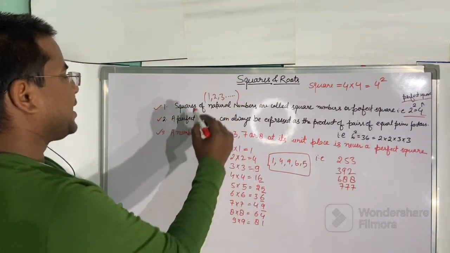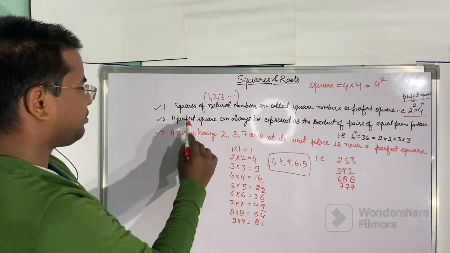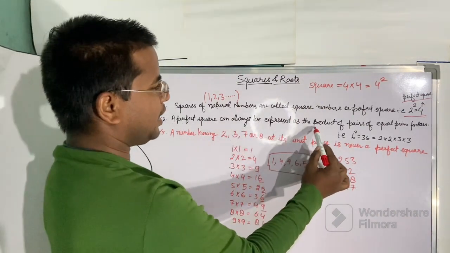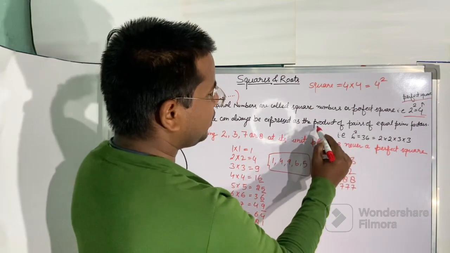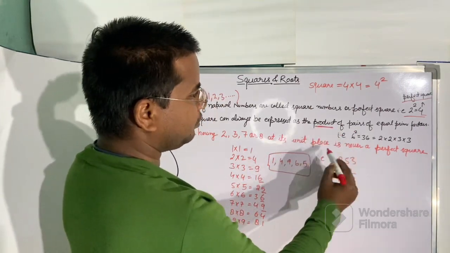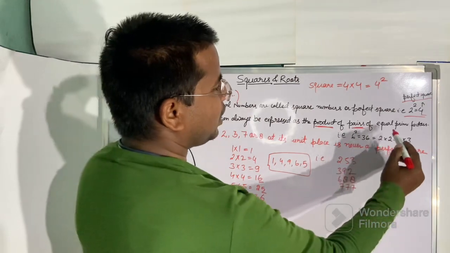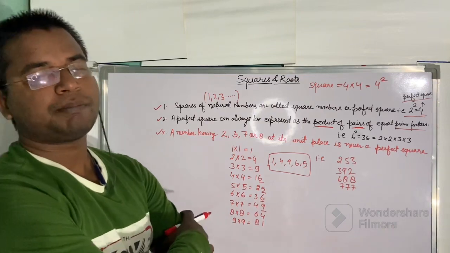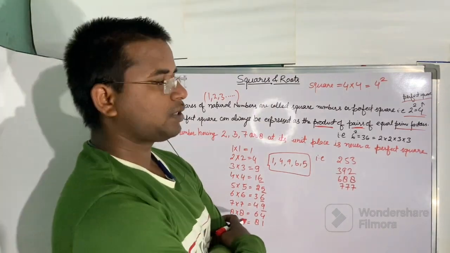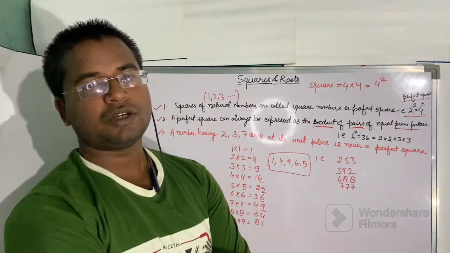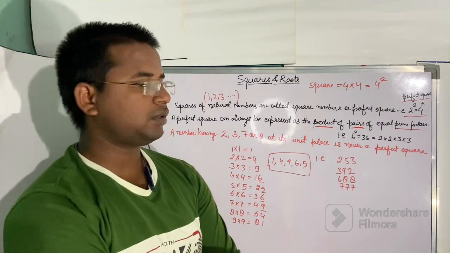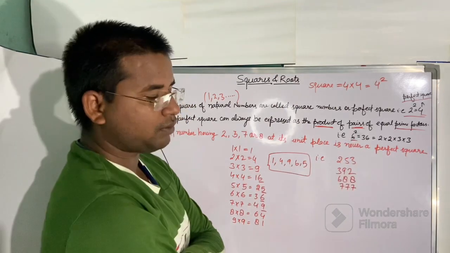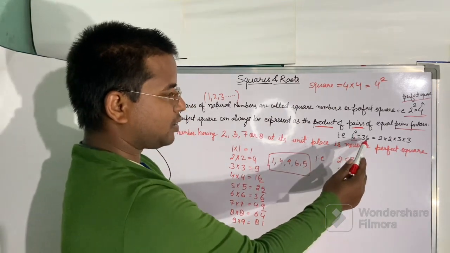Now the second concept of a square is that a perfect square can always be expressed as a product of pairs of equal prime numbers. This is very important. What are prime numbers? Prime numbers are numbers that are divisible by 1 and itself only. So we see that 6 is a natural number, so 6 square is 36.